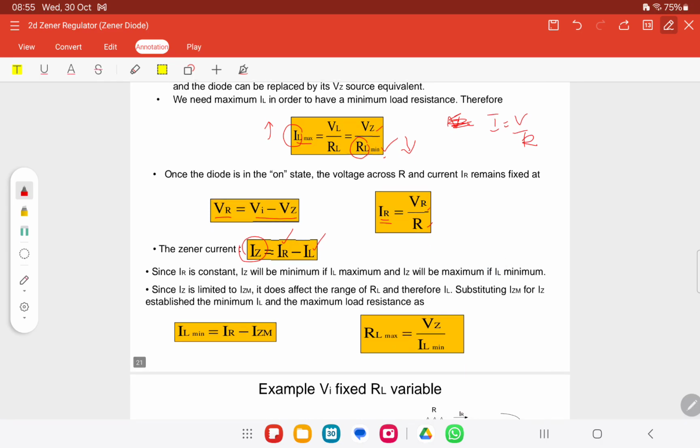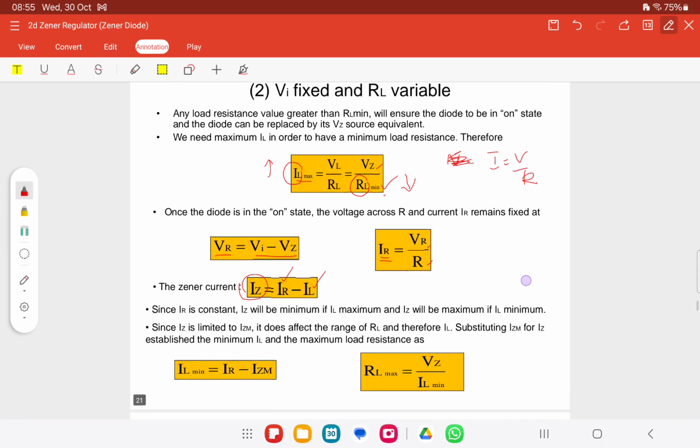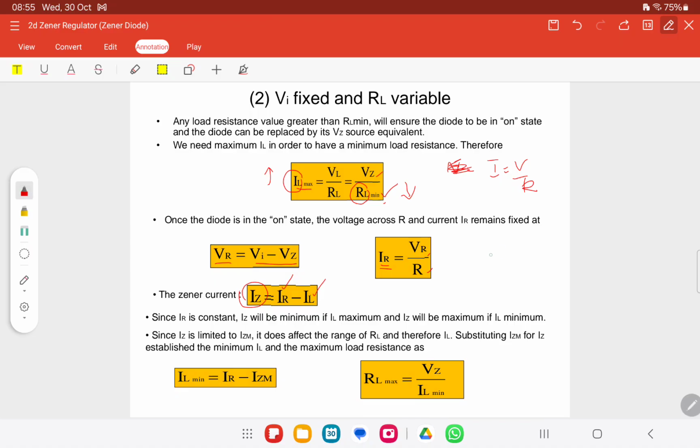But for now here, we vary the resistor. The resistor varies, so it has min and max.